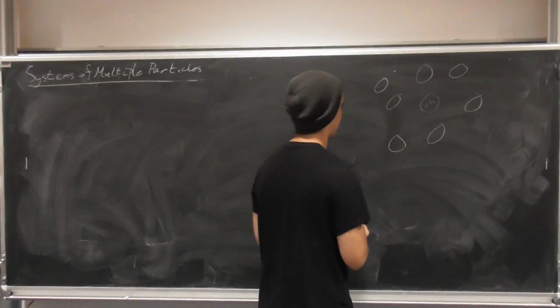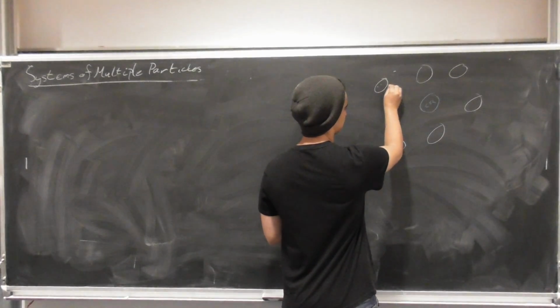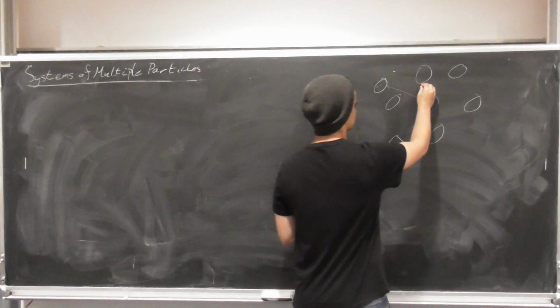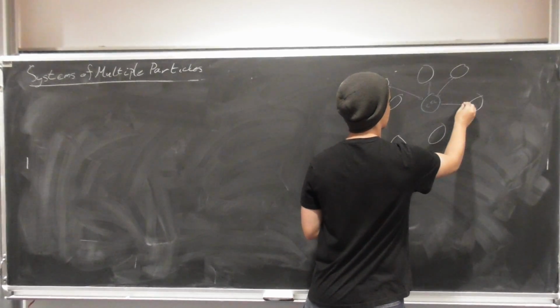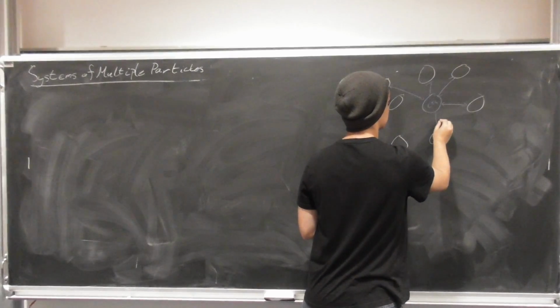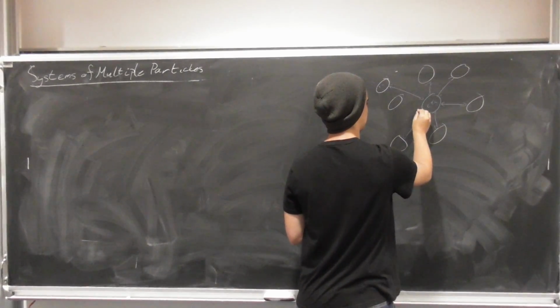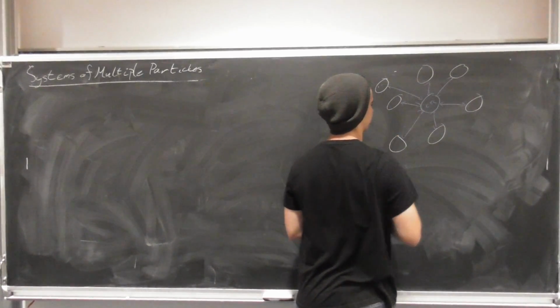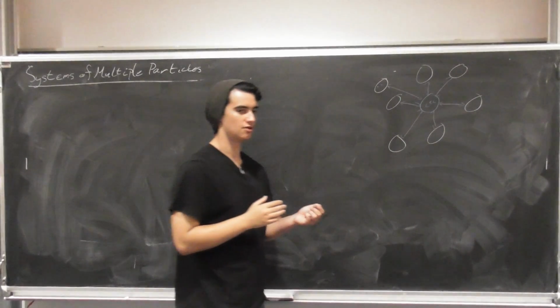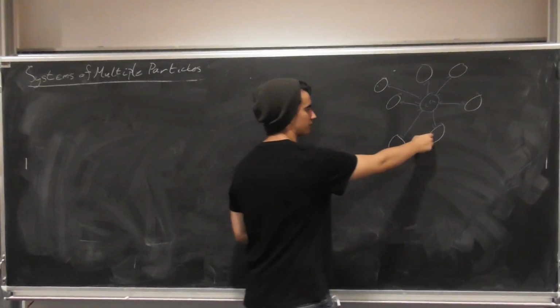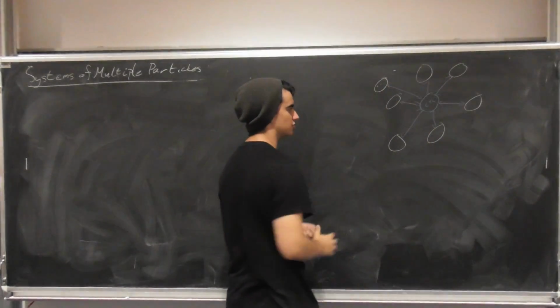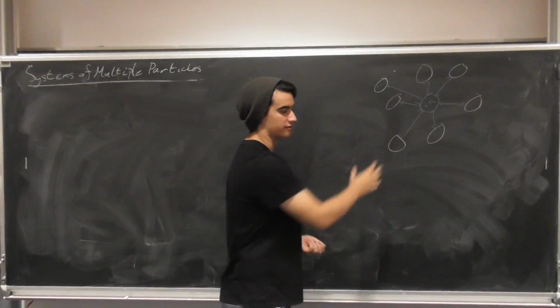And we'll have a look at all of these interactions. As we said before, in these systems, particles will interact with one another. So all of these particles here are exerting some sort of force on the ith particle that we're looking at.